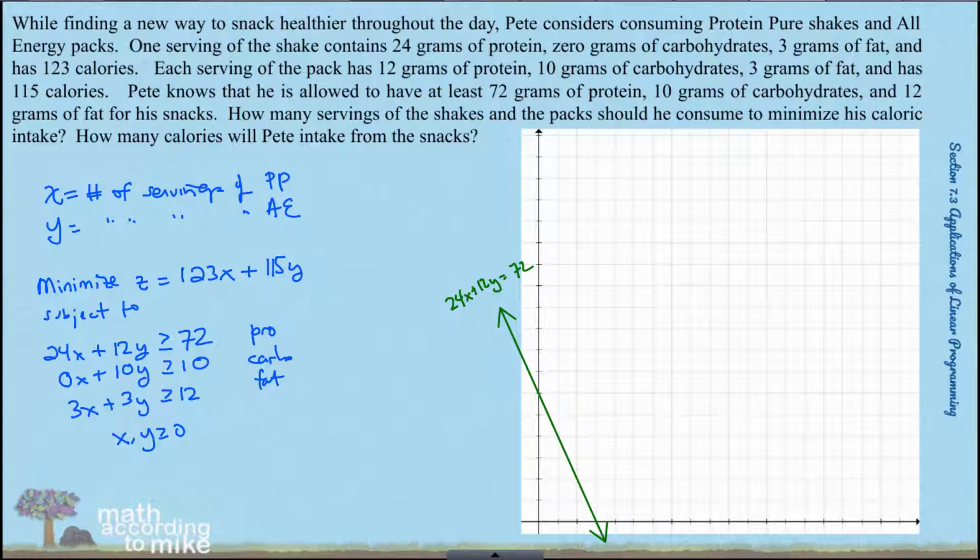So the next one would be y equals 1. Well, that comes from 10y equals 10. Oh, wrong color. And then the next one will have x and y intercepts at 4.